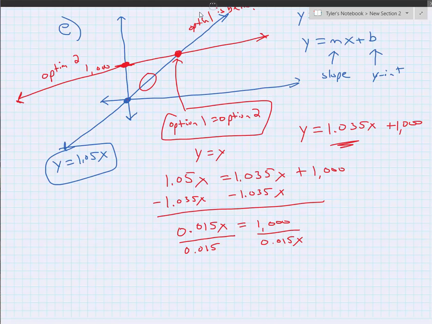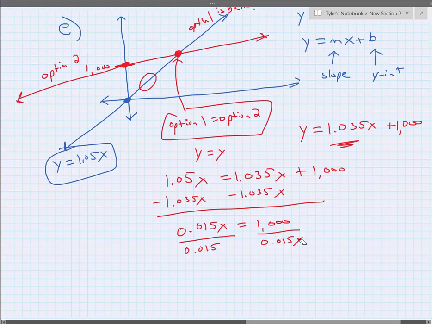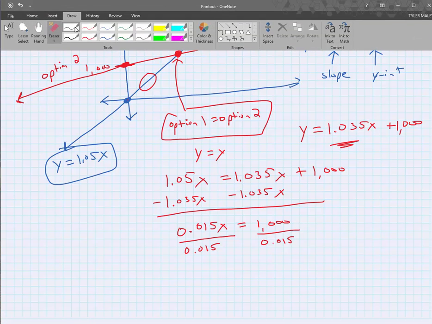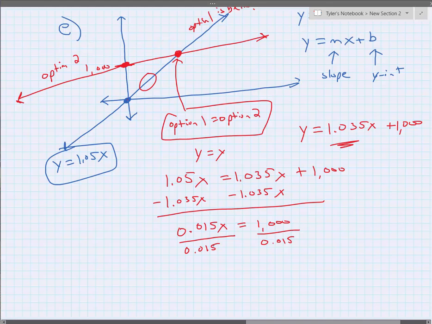Oops, I didn't mean to write an x there. So this left-hand side is just x, and on the right-hand side, if we take 1,000 and divide it by 0.015, we get $66,666, and if we round to 2 decimal places, we get 67 cents.